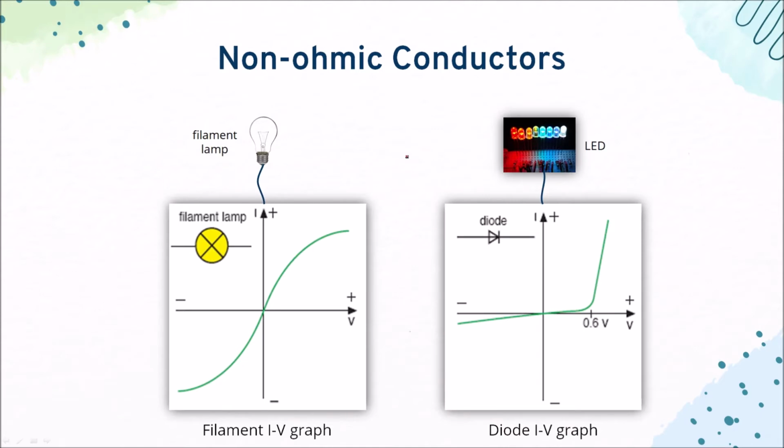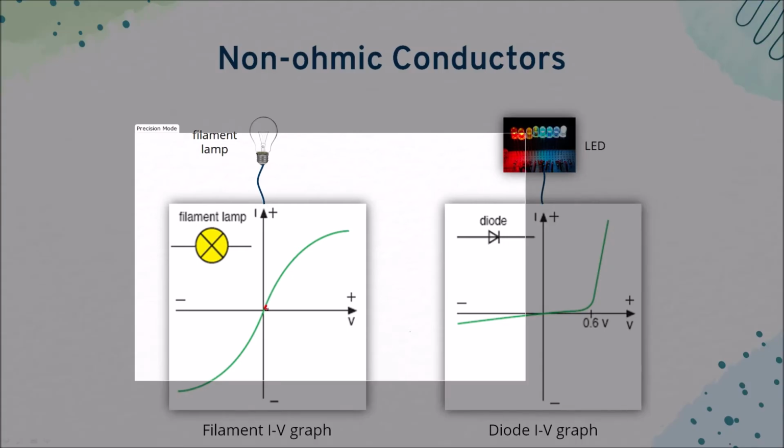There are also conductors that do not obey Ohm's law, and one of them is known as the filament lamp. For the filament lamp, if you plot the IV graph, you can ignore the negative part. You will notice that at the front part, it obeys Ohm's law because it's a straight line. When the current is low or the potential difference is low, the resistance is pretty much constant.